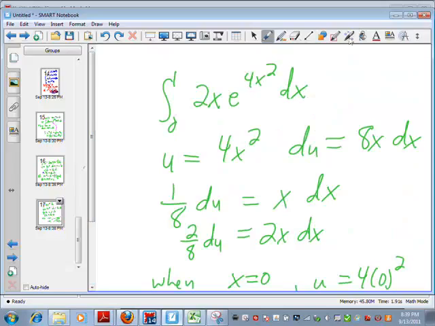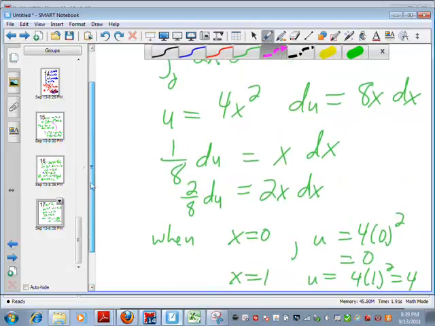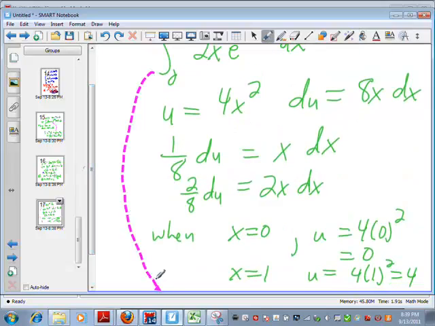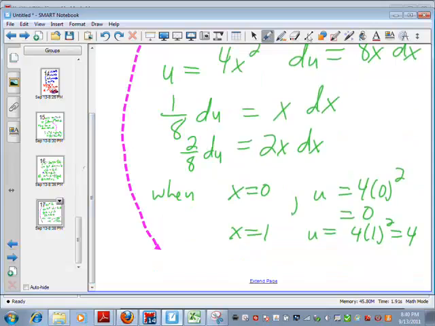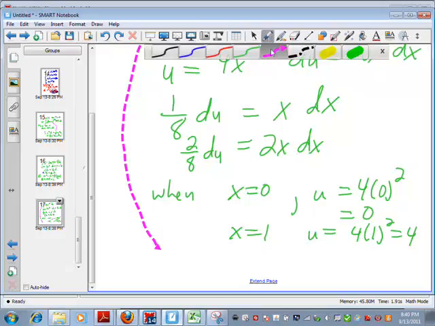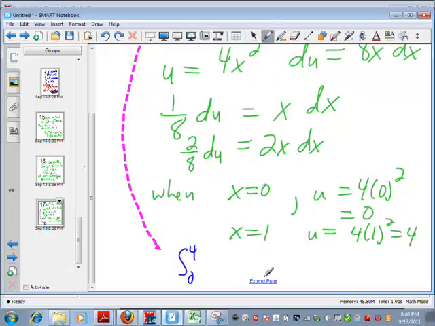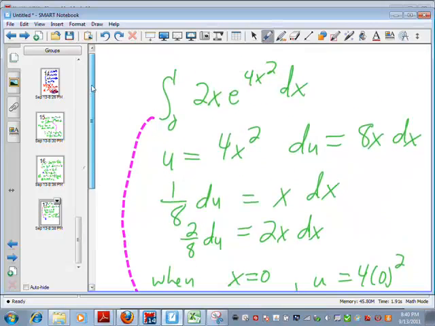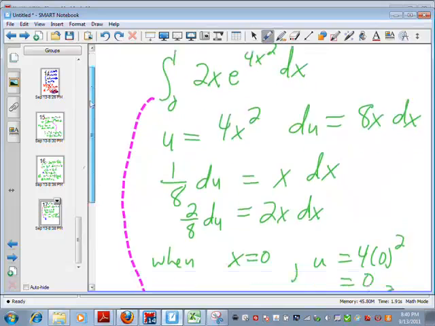And so now this becomes the following: the integral from 0 to 4 of e to the u.